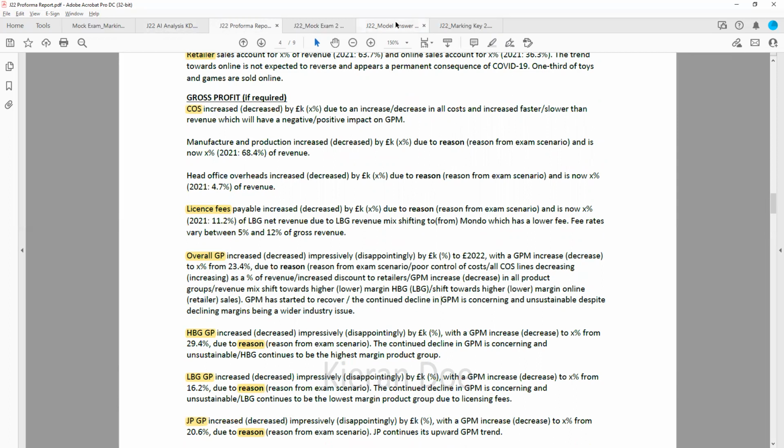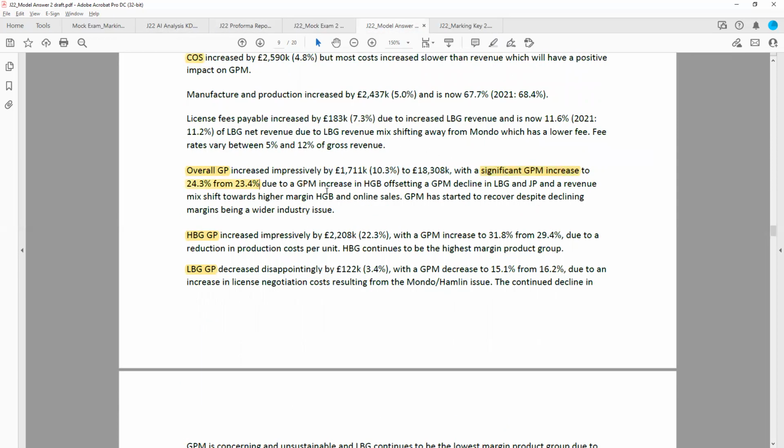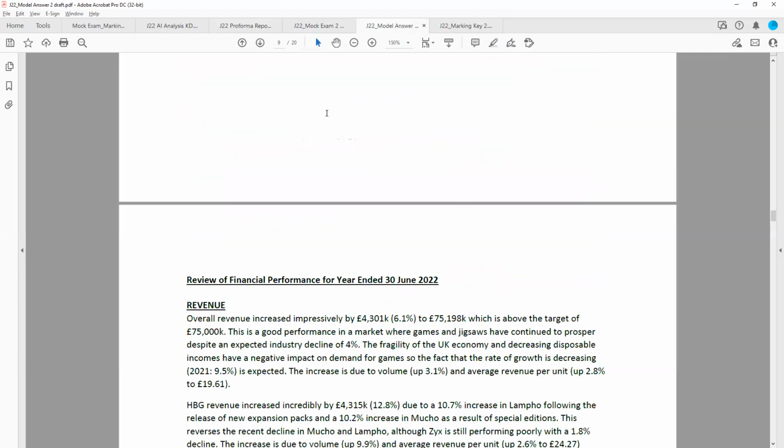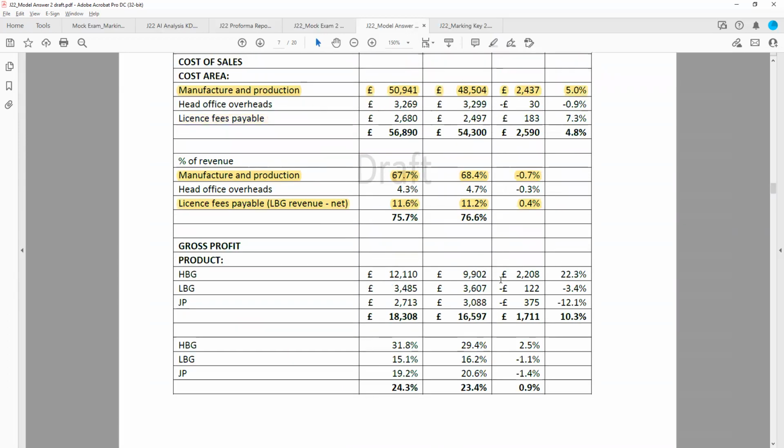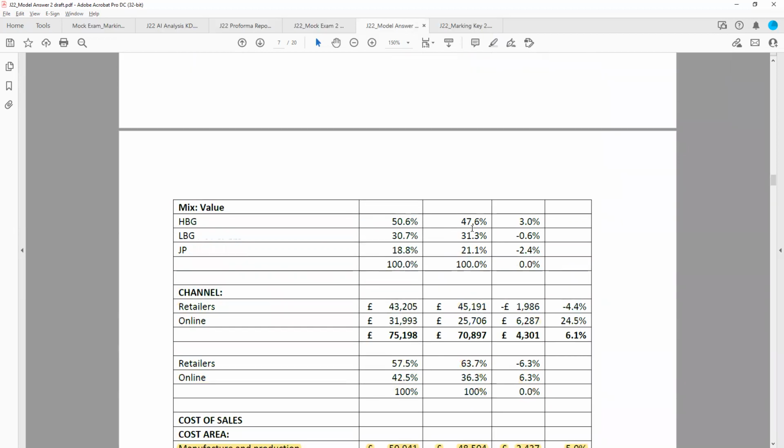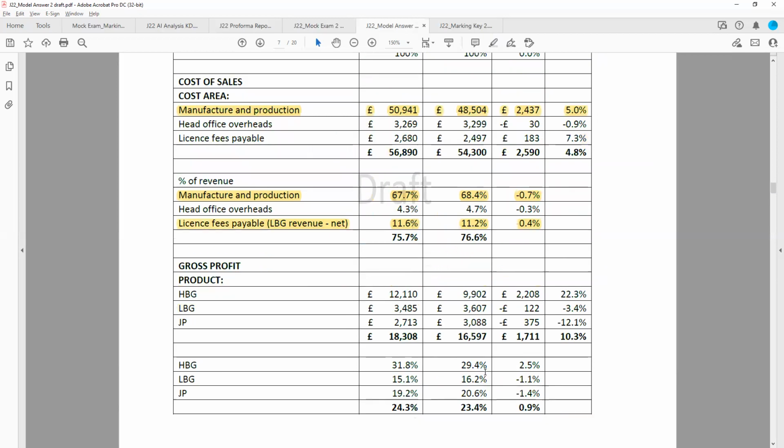The main ones, in this exam, of course, is that there's been a gross profit increase in HGB, Heritage Board Games, gross profit has gone up significantly, and that's more than outweighed the decline in the other two. And also, we know this is a higher profit margin, and revenue mix has shifted towards HBG. So more sales are at a higher margin, and therefore that's improving the profit margin.